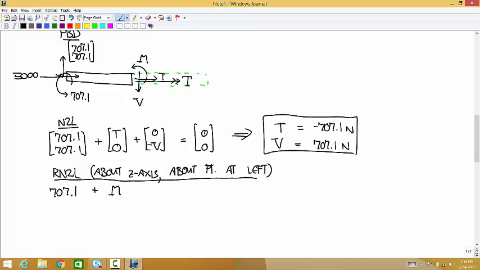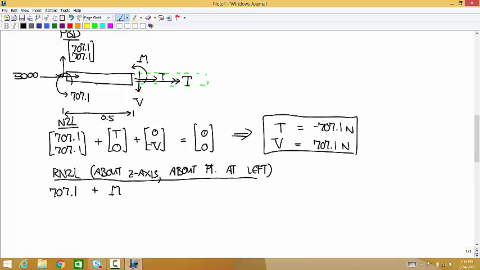T is about the x-axis, so that doesn't show up. The tension T has its line of action going right through the about point, so that doesn't show up. But V does produce a moment. What's the moment arm for this force V? Yeah, it's x, but we did this at 0.5. So that moment arm is 0.5 in this case.